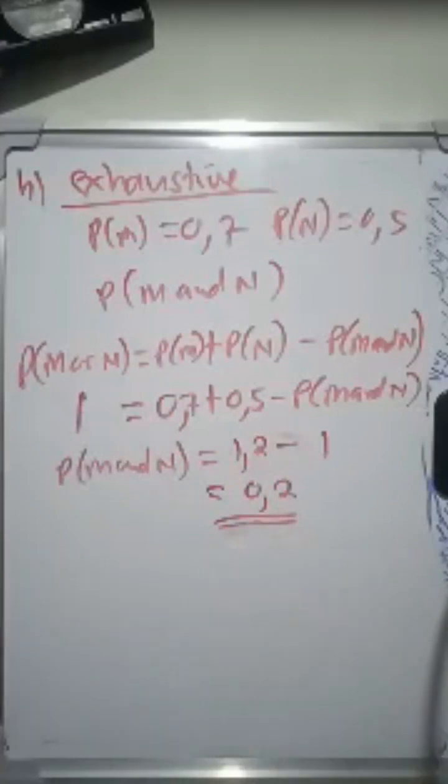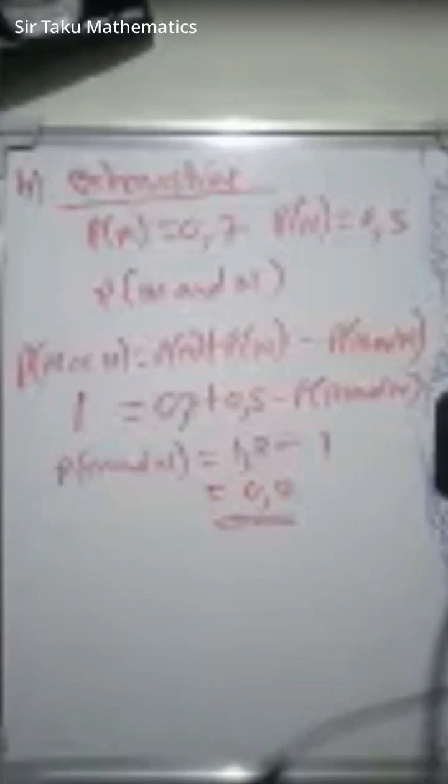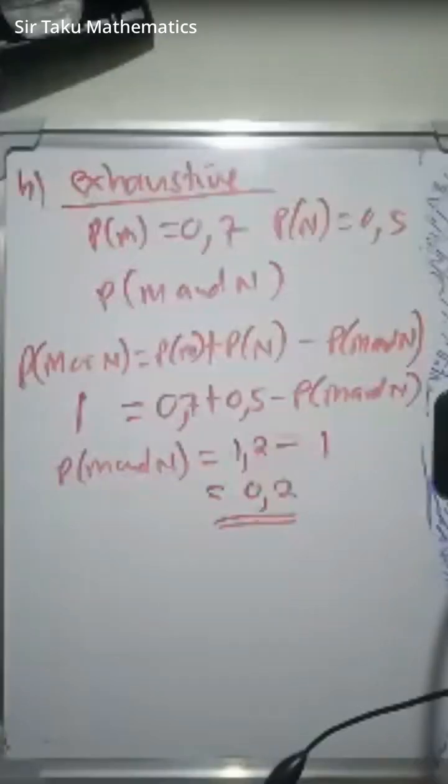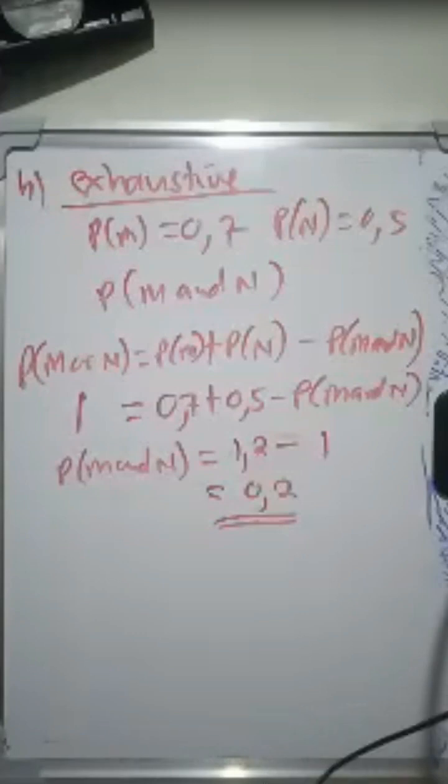That is the probability there. All right. So I think here I have touched exhaustive. The last one, the X and Y are two exhaustive events such that and so on. Let's leave it. Let's go to the other one.